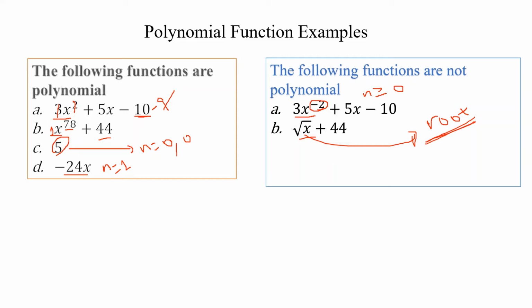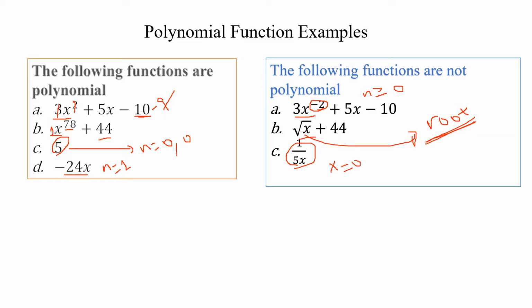We have said that n is an integer which is greater than or equal to 0, so this can't be a polynomial function either. This one is an undefined function, which means if x is 0, it is undefined.